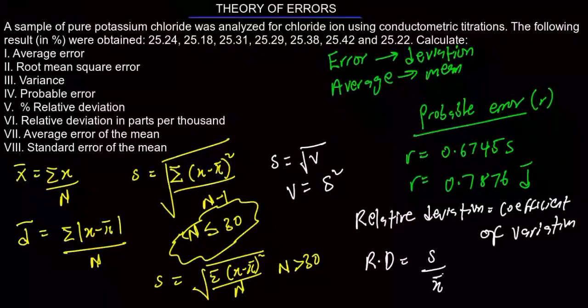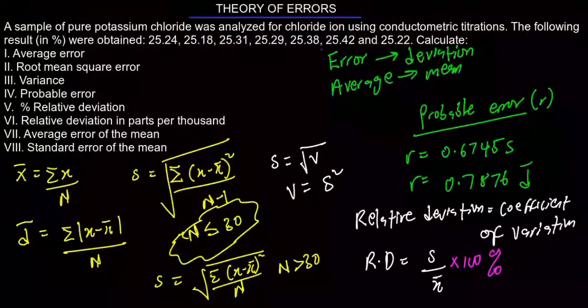Let me tell you something. Relative deviation can also be called relative error. Remember, deviation replaced with error, same thing. Look at this relative deviation, standard deviation all over mean. You can be asked to calculate this in different forms. If you are asked to calculate in percentage, you multiply by 100, then you put your unit for percentage.